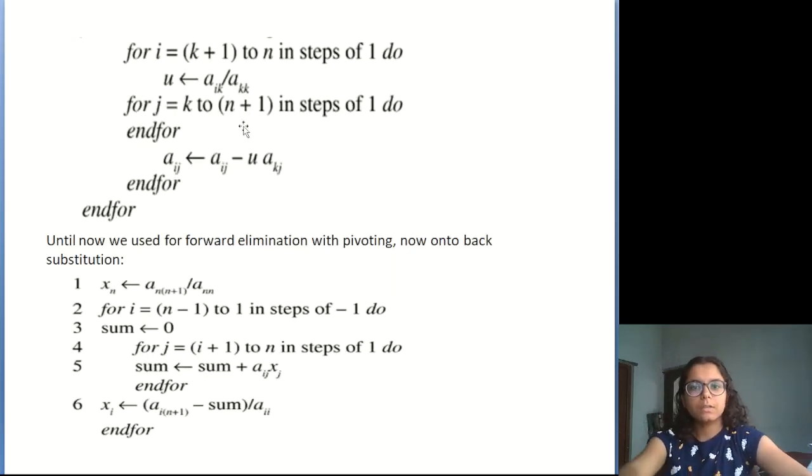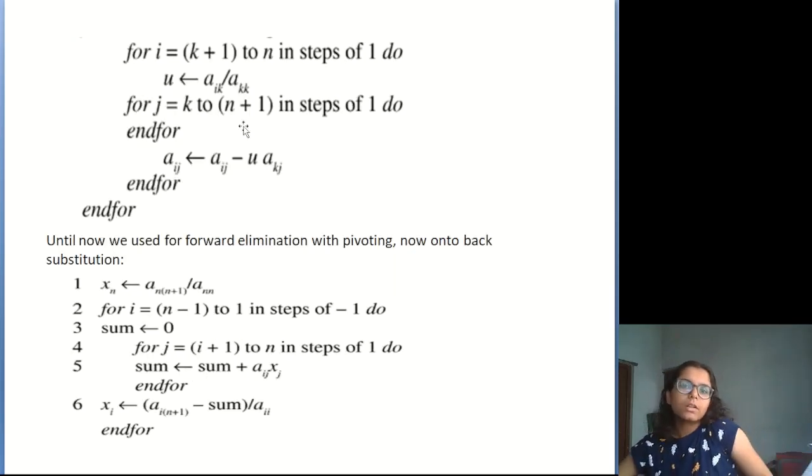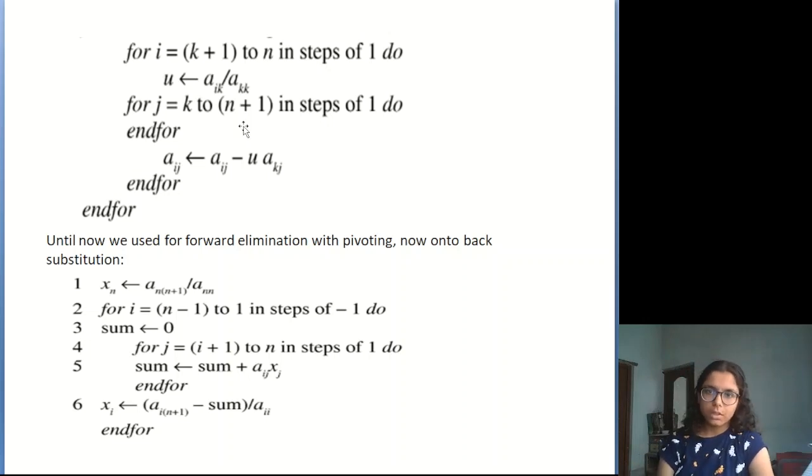On to the next part. Now after pivoting, we can continue the row operation that we were doing. We managed to solve the problem that arose during the upper triangularization form.